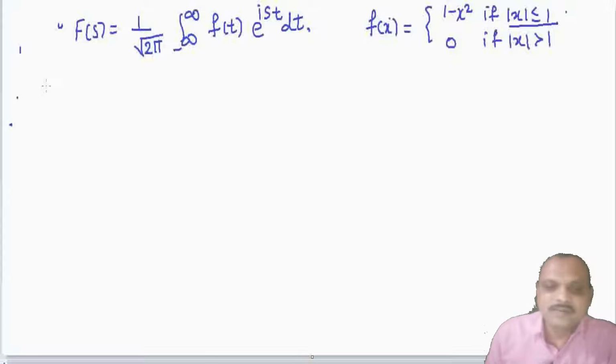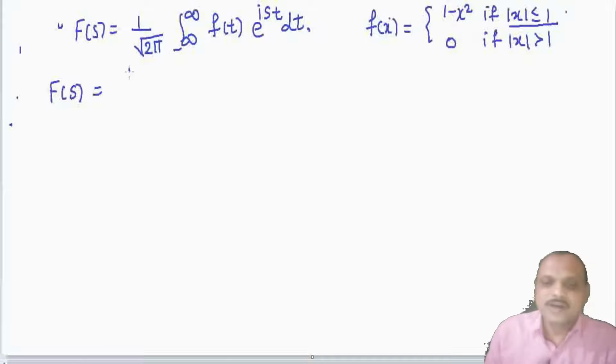Then we can write f of s equals 1 divided by under root of 2 pi. The valid range is minus 1 to plus 1, other values are 0, so we omit writing those values, and directly take the integral of 1 minus x square into e raised to ist dt.